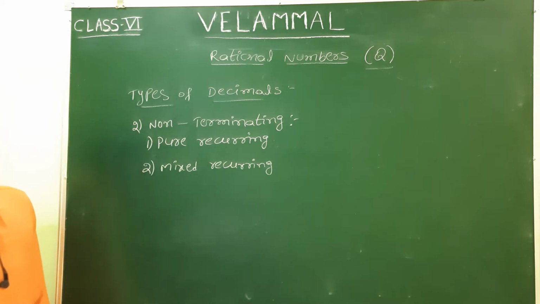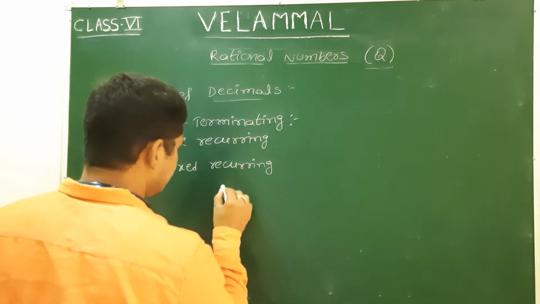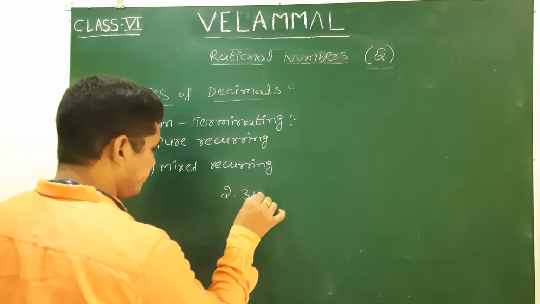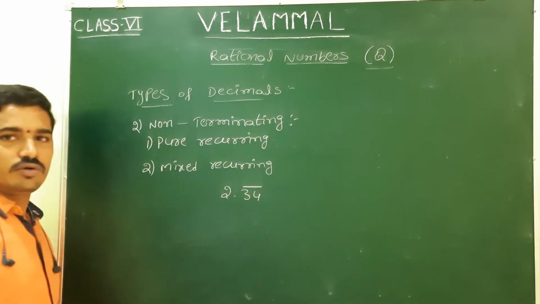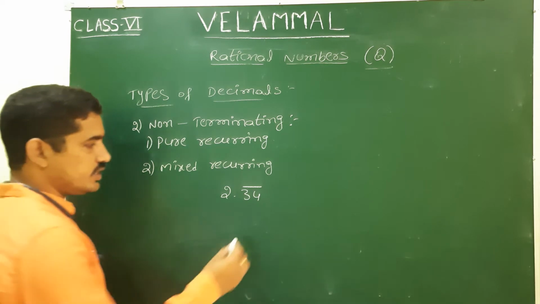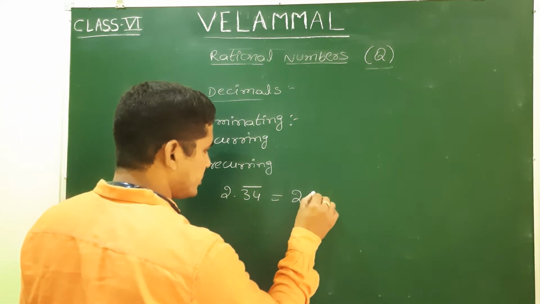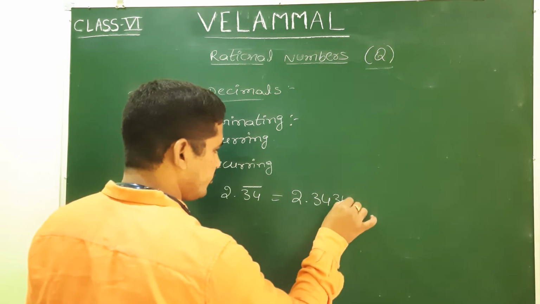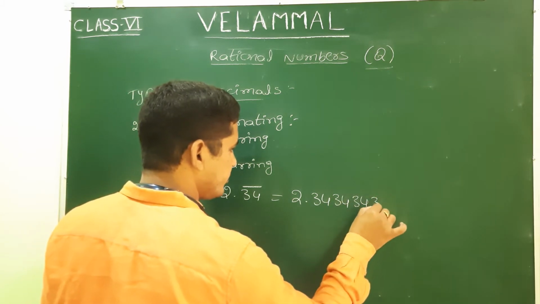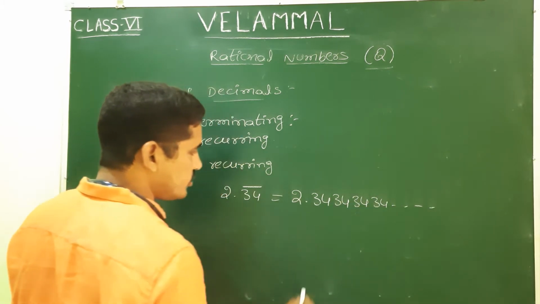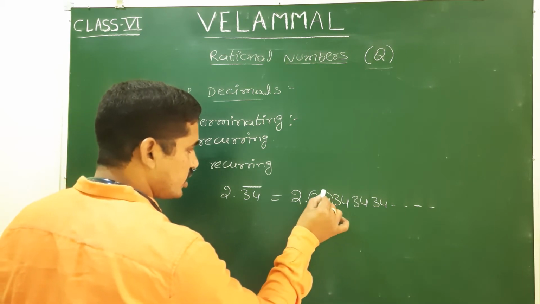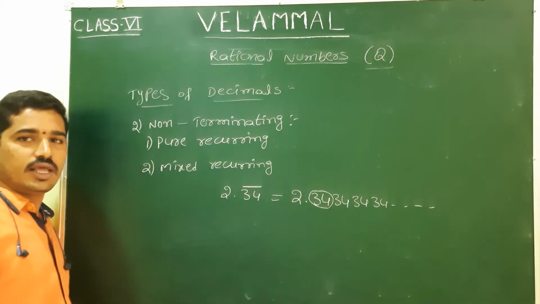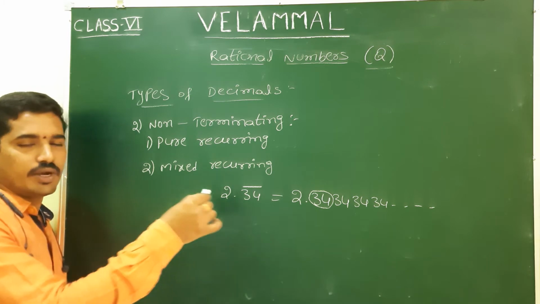For the example of mixed recurring, take for example 2.34 bar. It is nothing but 2.3434 and so on. So here 3 and 4 are repeating, that means 34 is repeating.